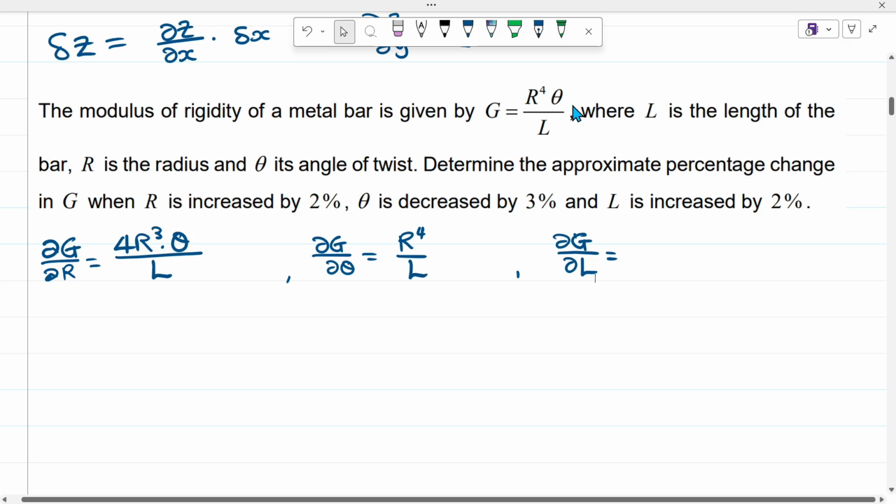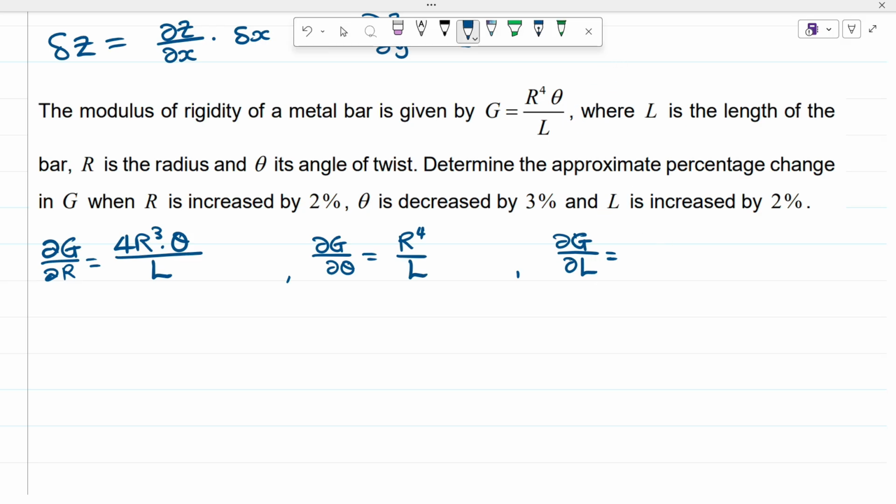If we take L up there and it becomes L to the power negative 1, then we differentiate, and you will see that we end up getting negative R to the power of 4 theta divided by L squared, just like that.